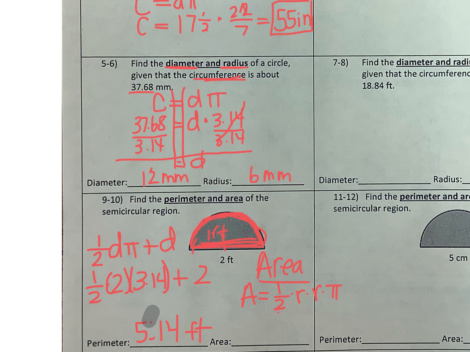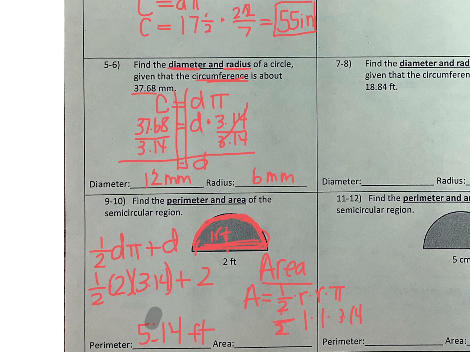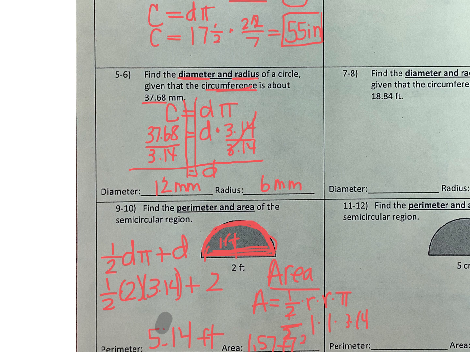So if I say 1/2 times 1 times 3.14, this ends up being 1.57 feet squared. I'm running out of room here, trying to write with a stylus.